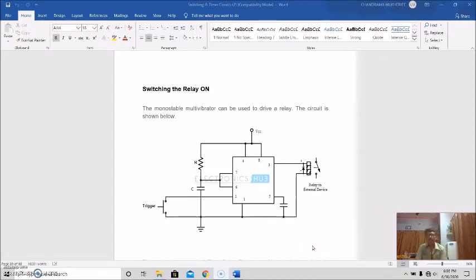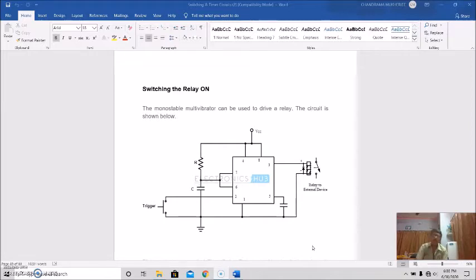So, in our last class of power electronics and drives, we were discussing the monostable multivibrator circuit using 555 IC timer and its application. So we have so far discussed its application as a frequency divider, as a pulse width modulator circuit, or as a linear ramp generator circuit.